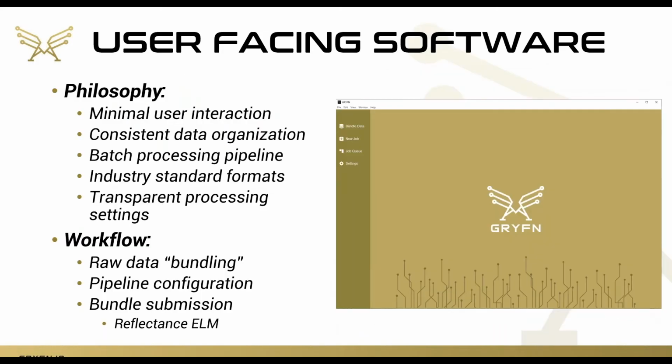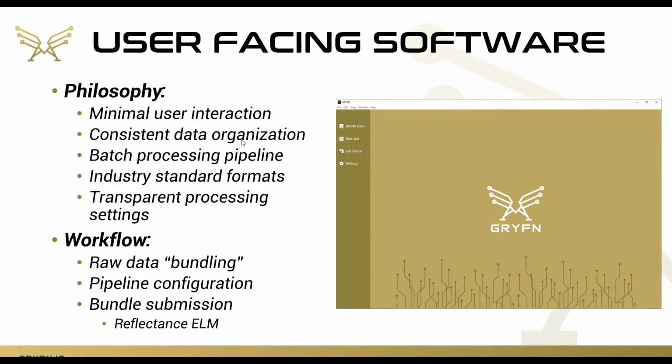So once we've determined the calibration and the multi-sensor integration, I want to talk about our user-facing software, so how we actually process this data, and a little bit about our philosophy there. Our philosophy has really been minimal user interaction with the software, trying to streamline the data process as much as possible, and keeping the data consistently organized.